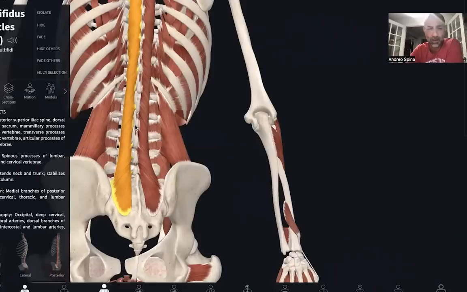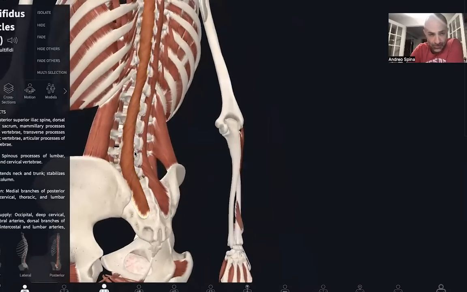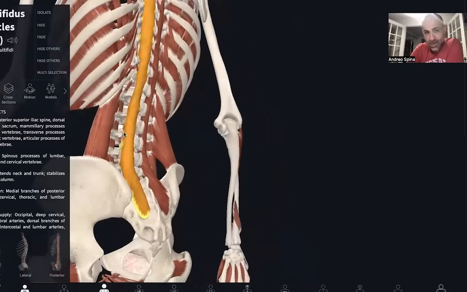So if you look at the screen here, a multifidus comes from a spinous process and then courses inferiorly and laterally to insert onto the posterior side of the spinous process, the lamina more specifically.